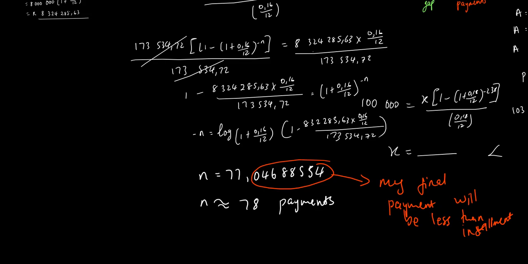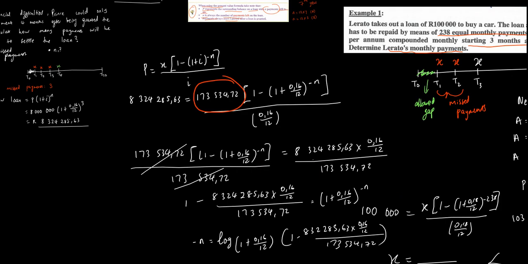Remember, the installment should be 173,534.72. So my final payment is going to be less because we rounded up to 78, which means by right the final payment will be less.